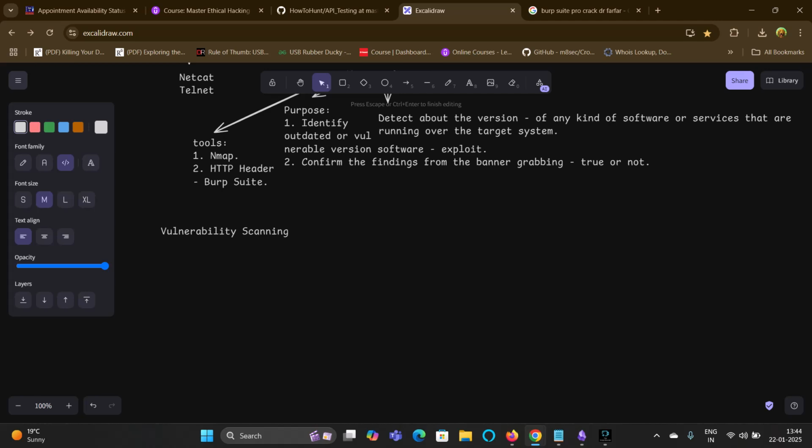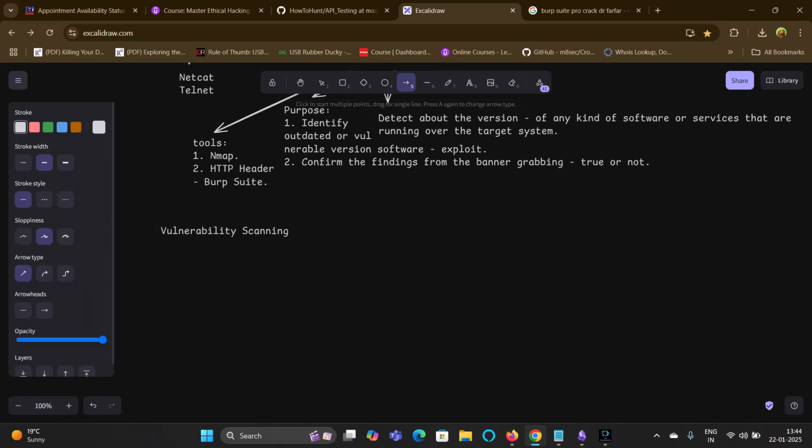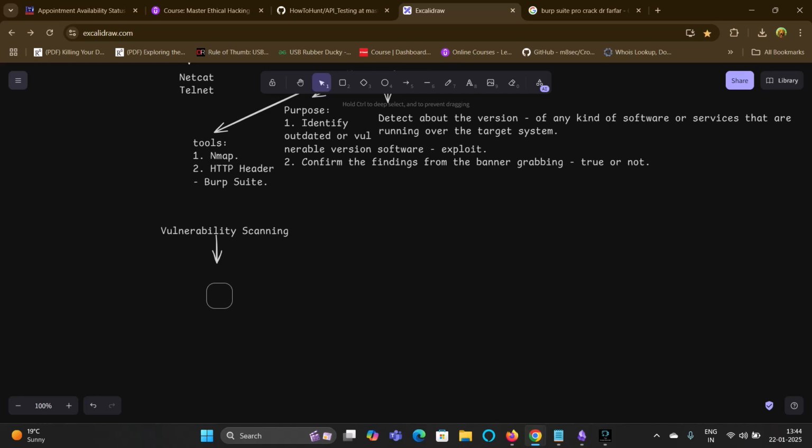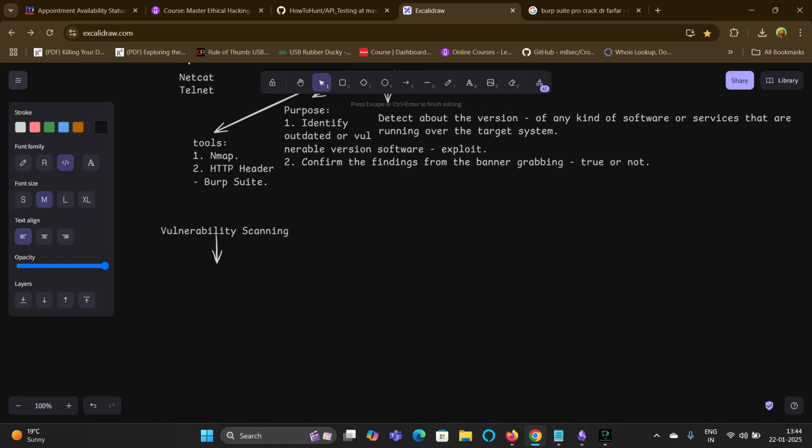It means to identify security weakness and vulnerability in the system. System, network, application, it could be anything, so I'm just going to write down system.